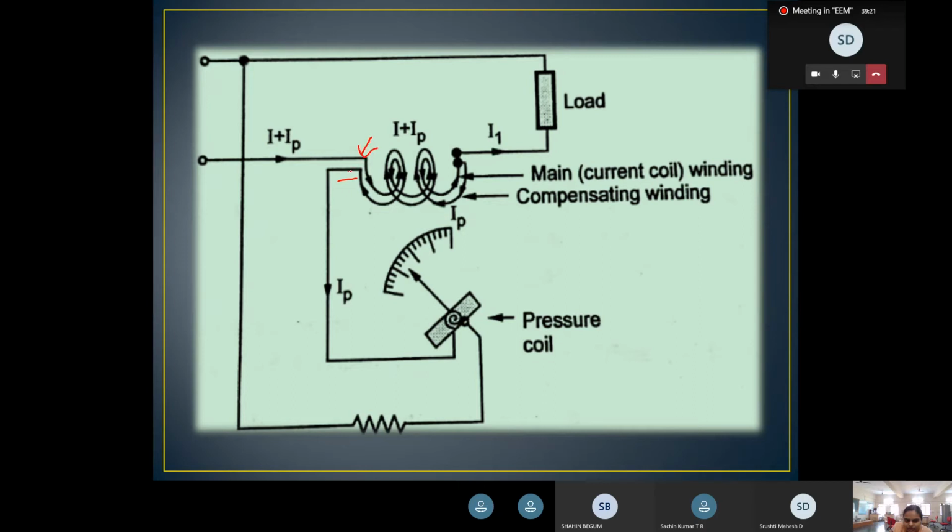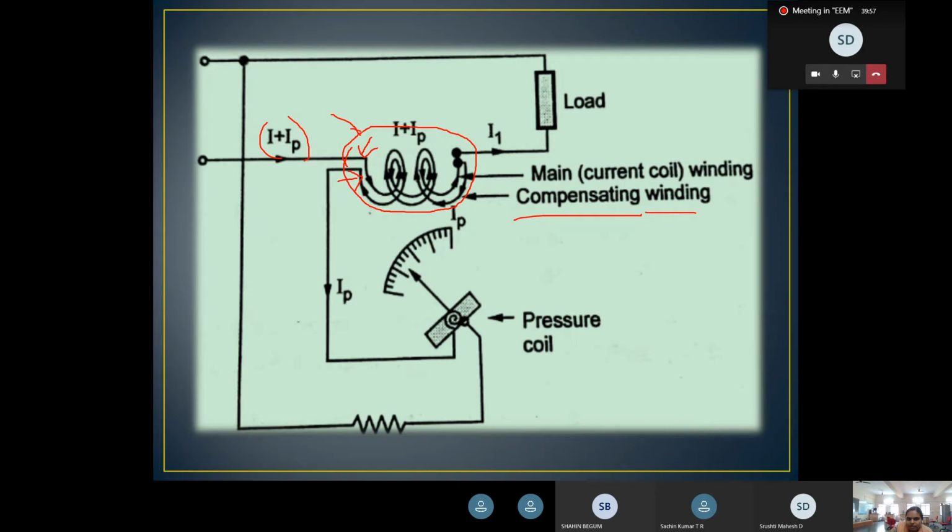We are going to connect a pressure coil in series with the current coil. This is what we call the compensating winding, in series with the current coil, and the current flowing is I plus IP, the main current with the pressure coil current, flowing through this series connection.